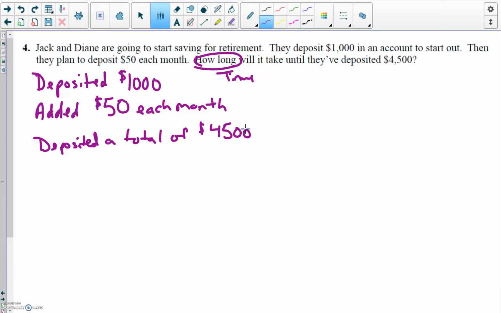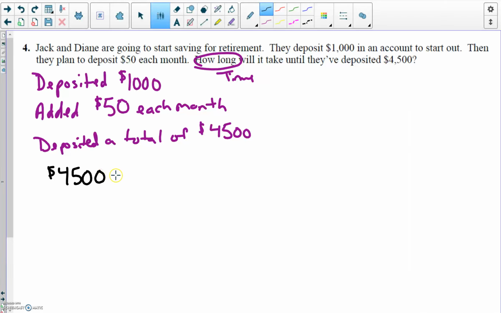So for me, when I first looked at this one, I just thought it would be simple enough to just subtract values out and do some math on it. So here we can start with the final amount that they want, and we're actually working backwards to the original amount. They want to know how long, that means how many months. And so I need to see how many months I am putting that $50 in over and over.